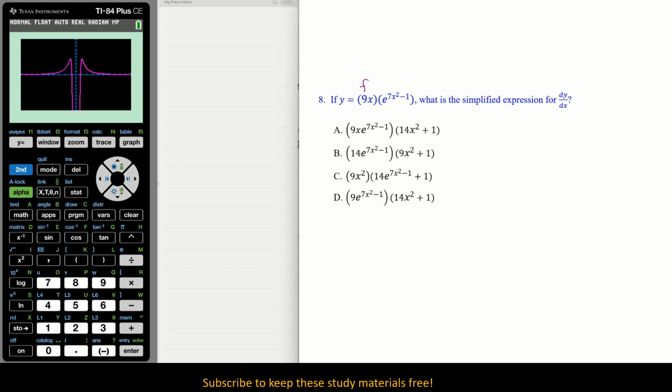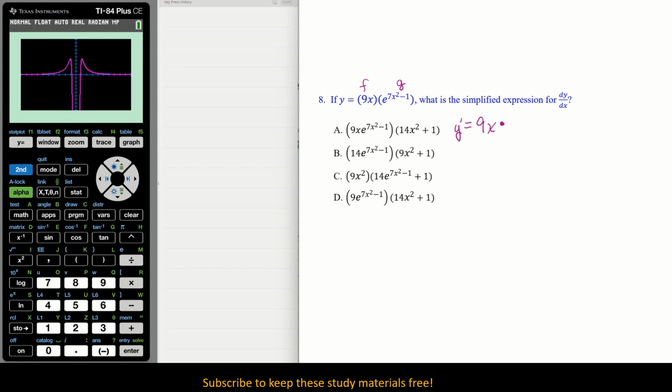Remember, this is our f, this is our g. So y prime equals 9x. Now that is all times the derivative of g. Now that's going to be a little tricky because the e exponent is unique.